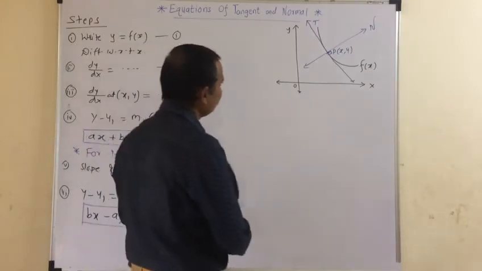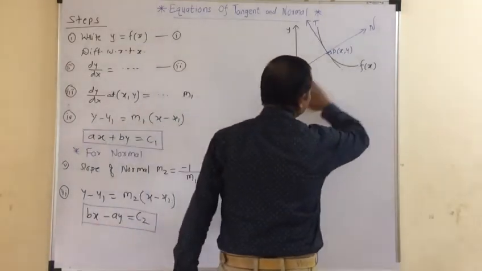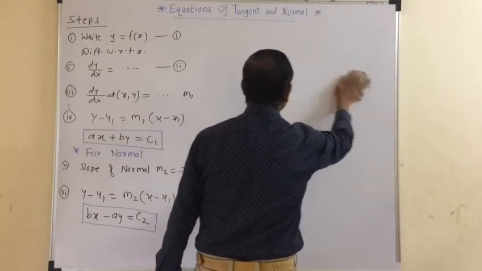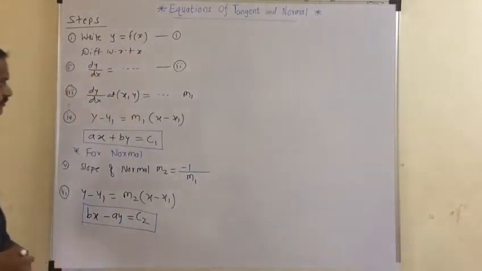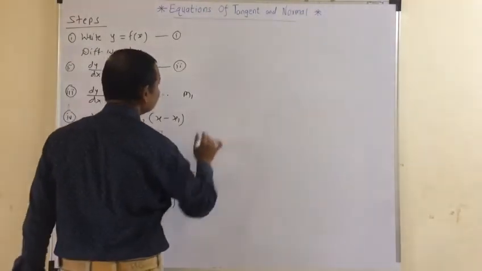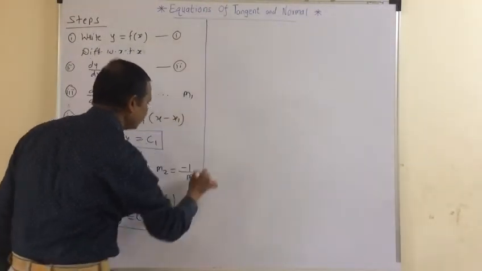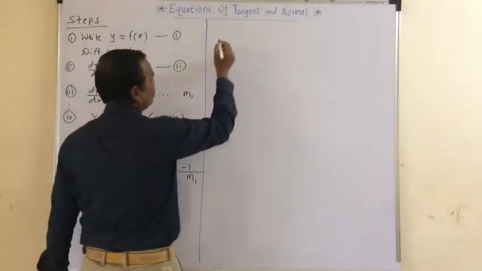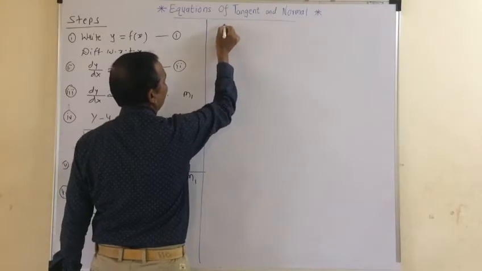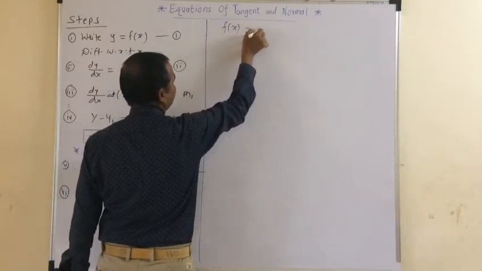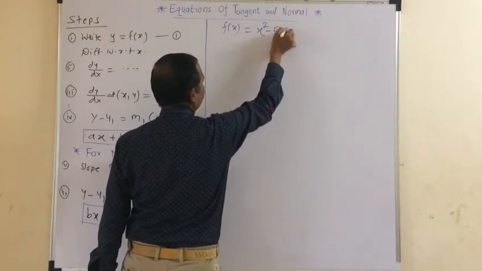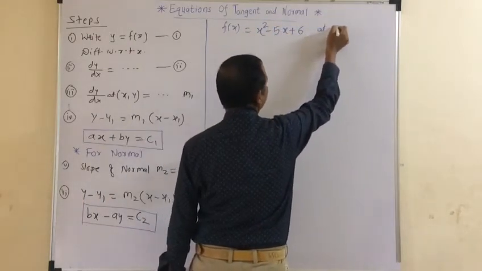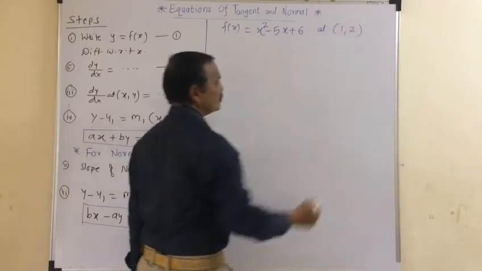Suppose we have to find equation of tangent, suppose we are given one function as f of x is equal to x square minus 5x plus 6 and point (1, 2).